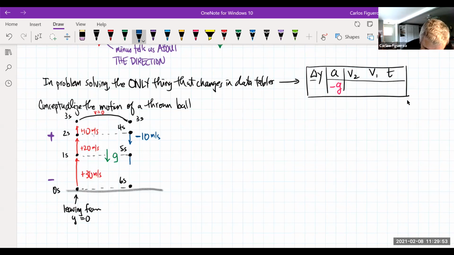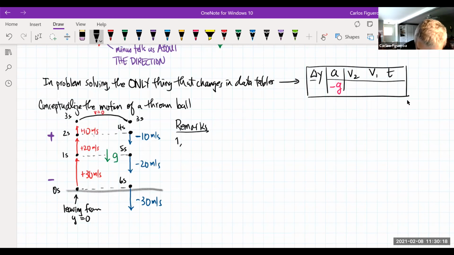And then it's moving 20. So when it comes back to the ground, right before it hits the ground, it's moving 30 meters a second. So what you're seeing here is that you have symmetry. Let's make some remarks here just to summarize this.